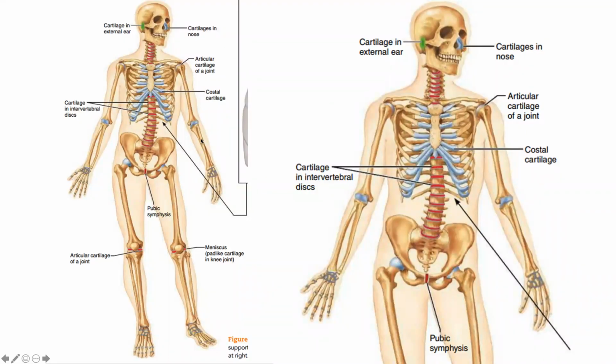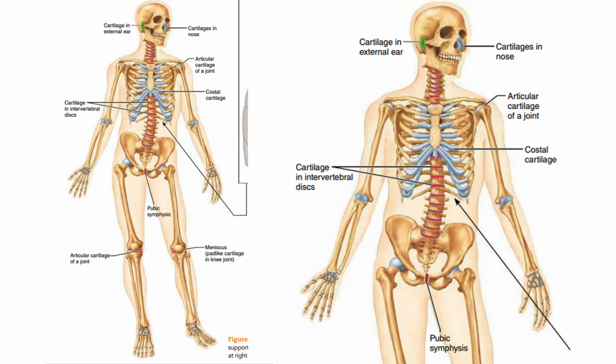So now you can see the articular cartilages. These are the cartilages which line the bone surface inside a joint. These are made of hyaline cartilage. And the costal cartilage, the cartilage for the ribs, is also made of hyaline cartilage.